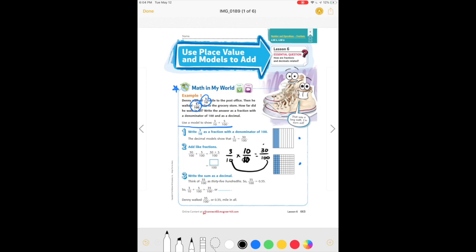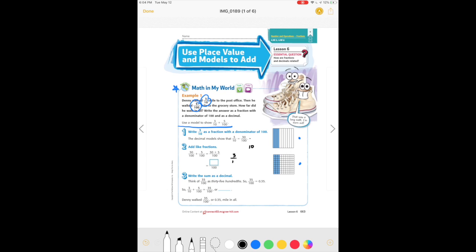Okay? We knew it had 30/100, but let's pretend we didn't know. Do you remember how to figure out what number we need to multiply by? You need to find the greatest common factor. The greatest common factor for 10 and 100 is 10.